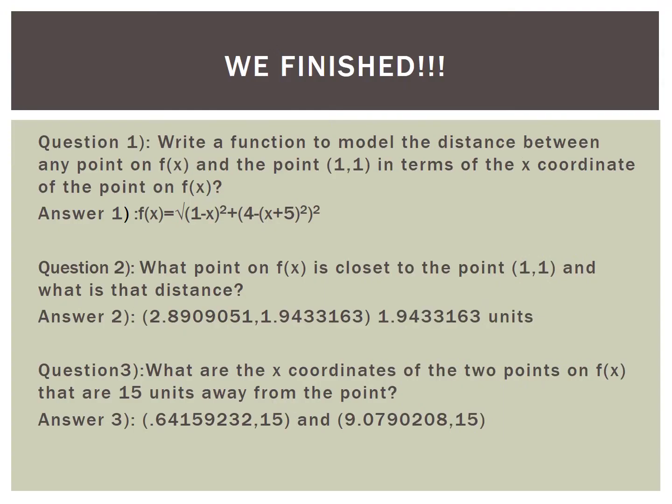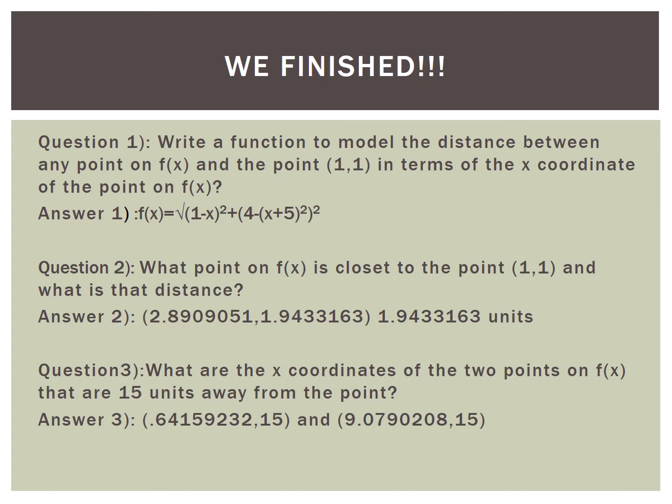Alright, so we finished. So for question 1, write a function to model the distance between any point on f of x and the point (1, 1) in terms of the x coordinate of the point on f of x. We got the square root of (1 minus x) squared plus (4 minus (x plus 5) squared) squared. For question 2, what point on f of x is closest to the point (1, 1), and what is that distance?